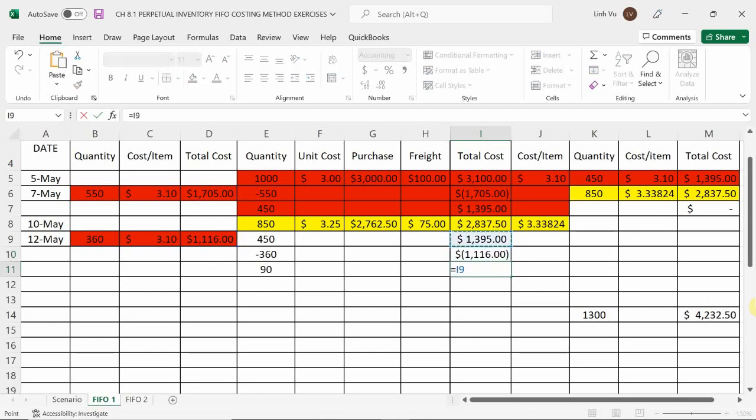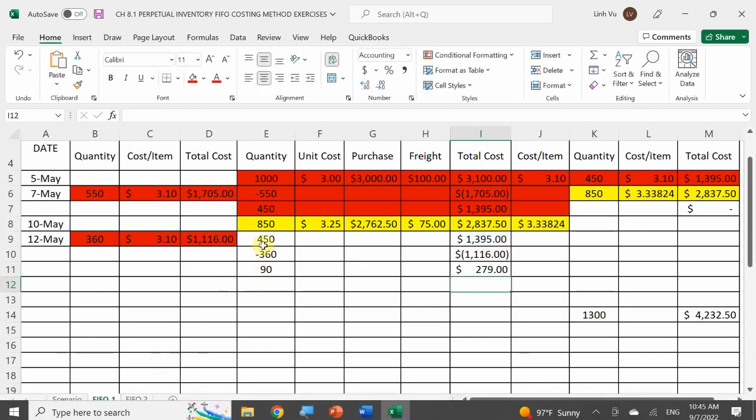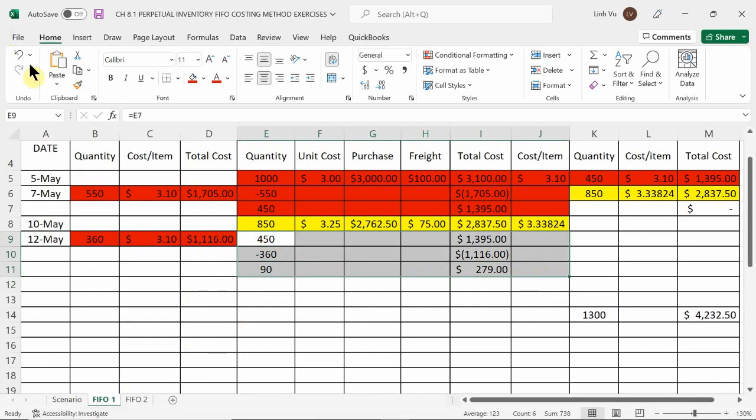How much should I have remaining? $279. And all of this is my red batch of inventory, remember, right?